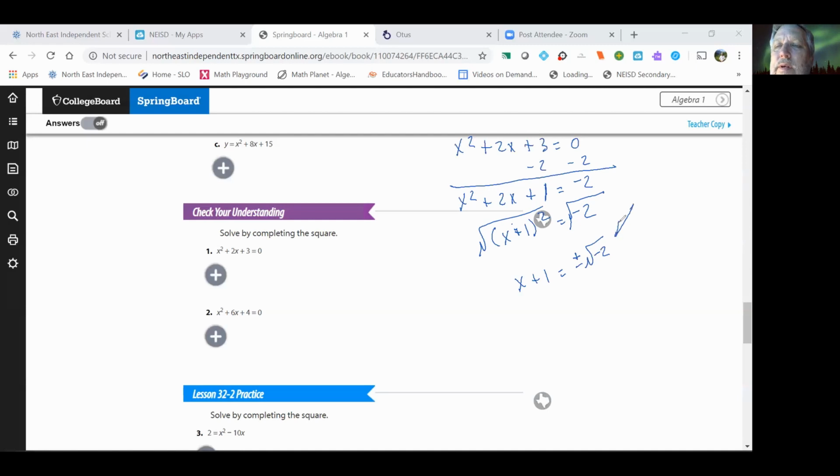But since we have a negative inside the square root sign, there's no real solutions. Because we don't know in the real number system of a number that when we multiply it times itself to get a -2. So the answer here is no real solutions.